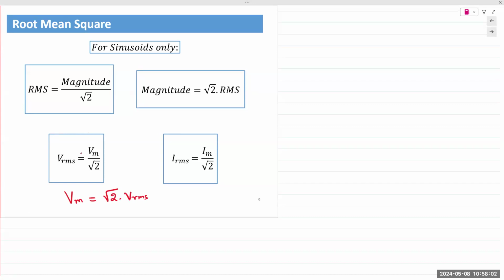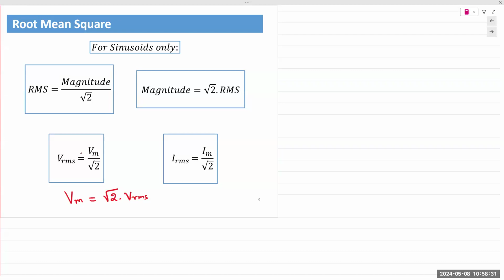Remember the sketch I just drew: you have mountains of dirt and you're flattening it out. The peak of that mountain will always be higher than the flat line. So the peak value, Vm, will always be larger than the V RMS value. Or the current, it doesn't really matter. The peak or the magnitude of that waveform will always be higher than the RMS value.